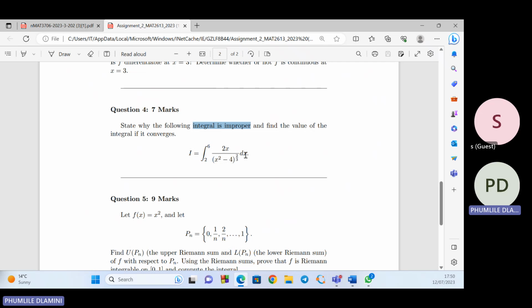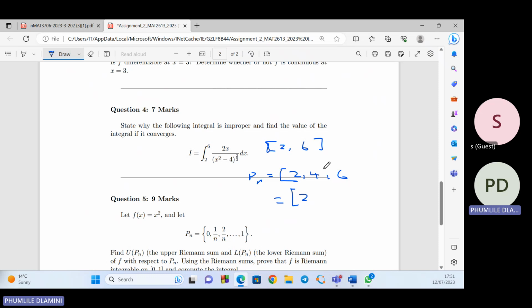Now what we can also do is take this limit. When we want to find the value of this integral, you will see that the partition is between 2 and 6. If it starts from 2 to 6, what is the partition of this integral? We can get P of n.